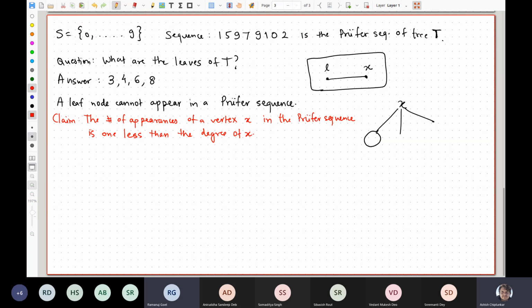It's so because, for example, if you have a number appearing twice, then you'll have deleted 3 numbers, which were attached, 3 leaves at that point of time, which were attached to it. And also at the end, you cannot delete every line which was attached to it, because that would just create an isolated vertex.